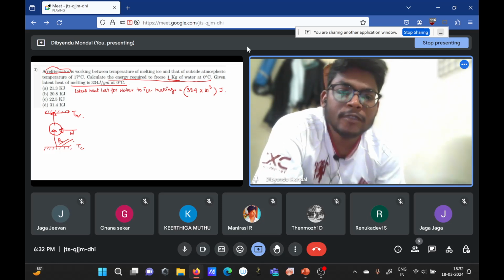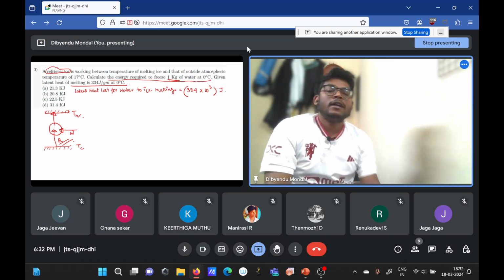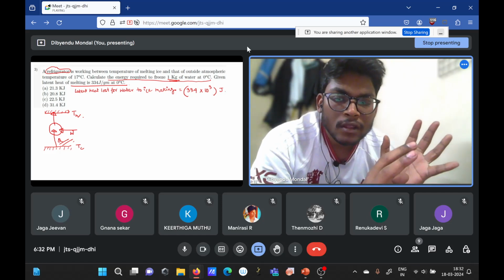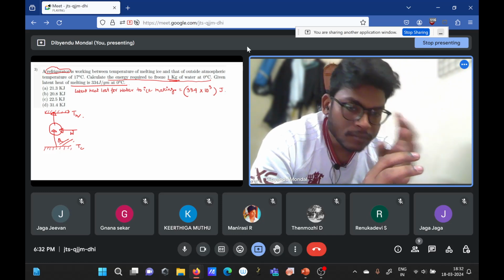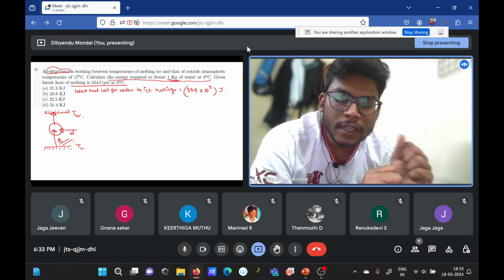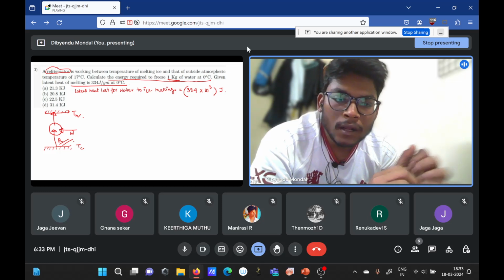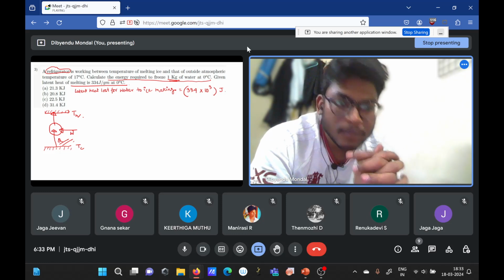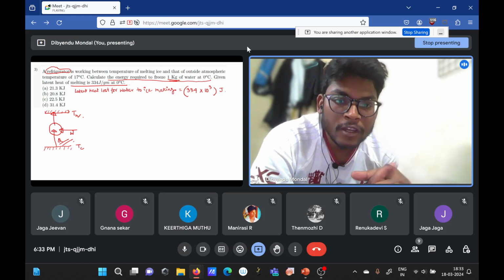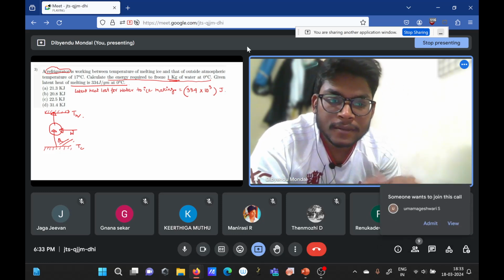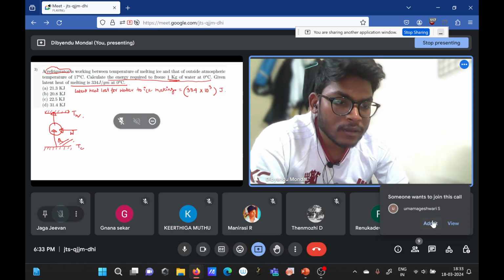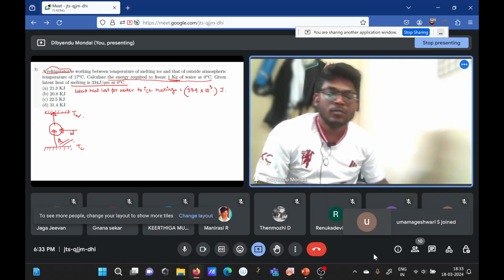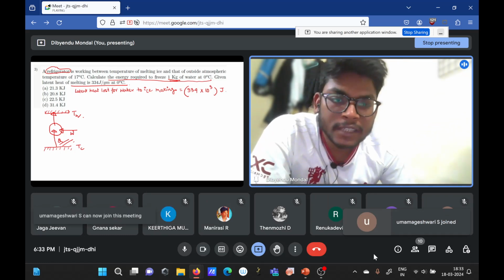But in the case of a refrigerator, if you follow the heat flow diagram, you are flowing heat from the colder temperature to the hot temperature. Then how will it be possible? You cannot do this spontaneously.